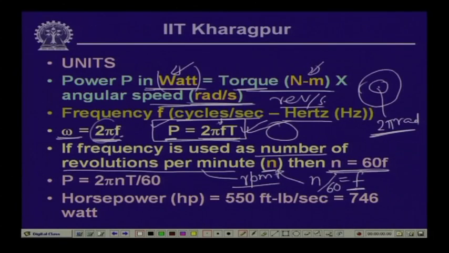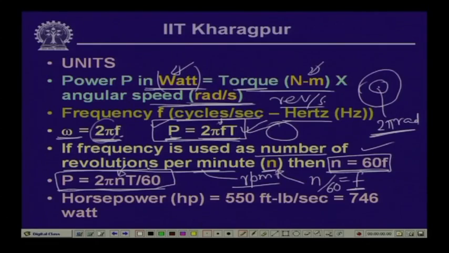So, n equals 60 times f, and if we substitute for f as n by 60, we get the relationship between the power and the revolutions per minute, which is P equals twice pi n T by 60. So, if the rotation of the shaft is defined in terms of revolutions per minute, n, then power is twice pi n T by 60, or if it is defined in terms of the frequency f, which is revolution per second, then it is twice pi f T.